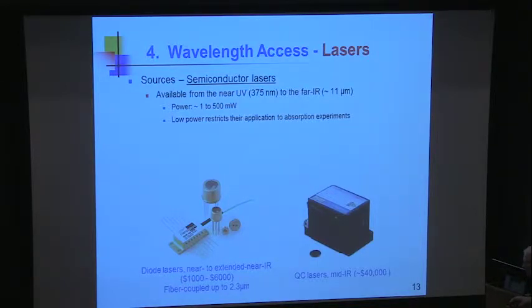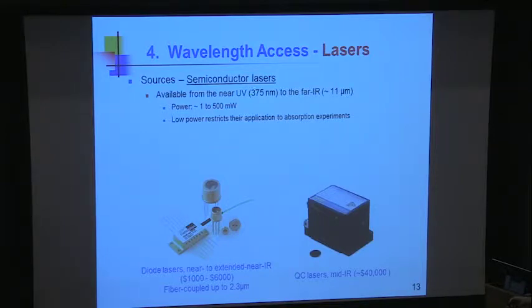Beyond 2.5 microns, we don't have good fibers that transmit infrared light, but they're emerging. Going into the mid-IR, we might have to go with what's called a quantum cascade laser, not strictly speaking a diode laser. We might pay $40,000. The power levels tend to be in the range of, say, 1 to 500 milliwatts.